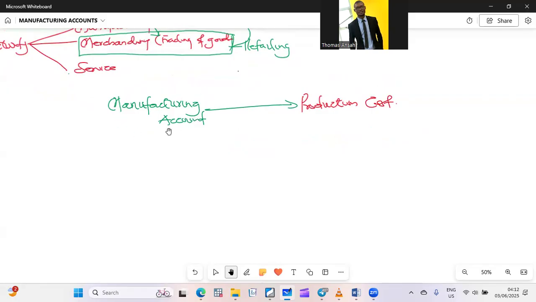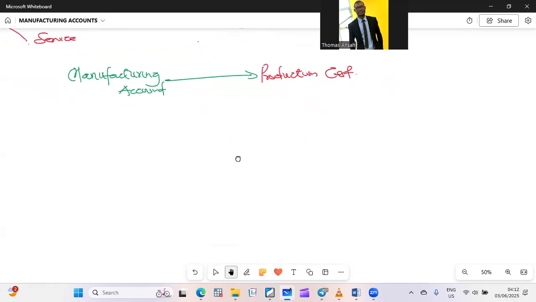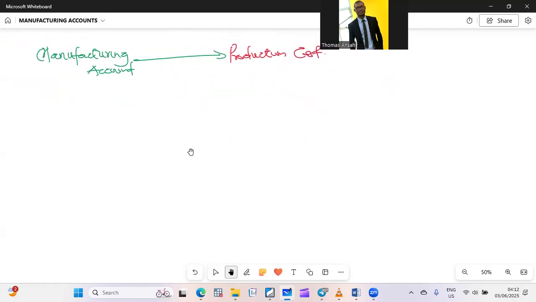It takes you back to what you've been doing in cost accounting, because for production, we need to do the division of cost. What can we put together to produce something?